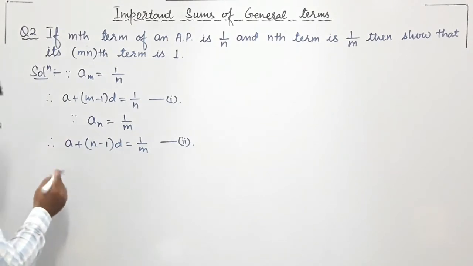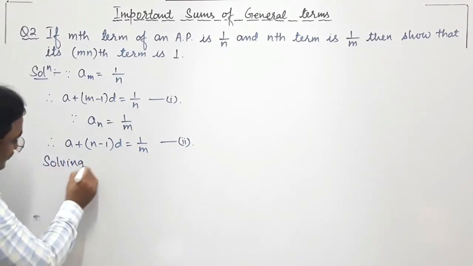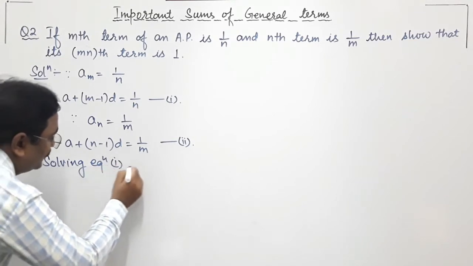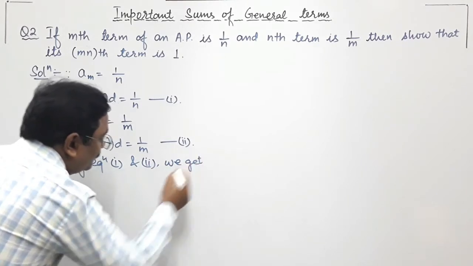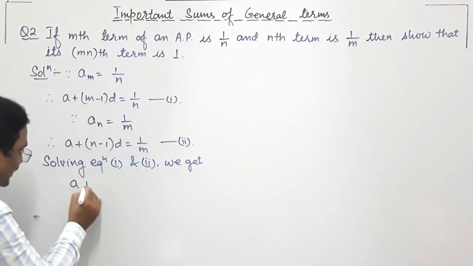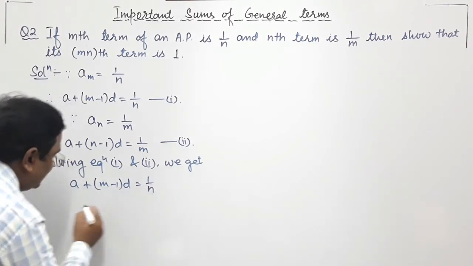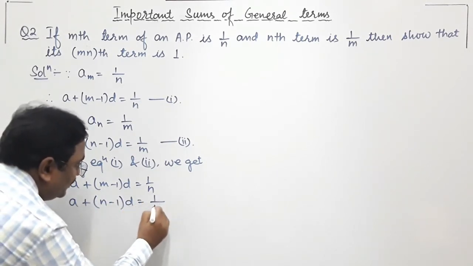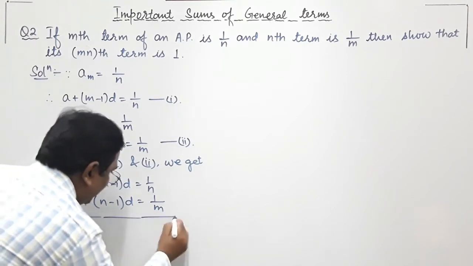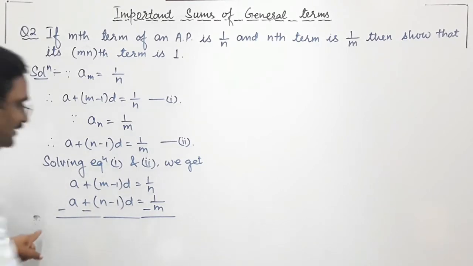Solving equations first and second. First we write down the first equation: a plus m minus 1 into d is equal to 1 upon n, and the second equation: a plus n minus 1 into d is equal to 1 upon m, and subtract both equations.